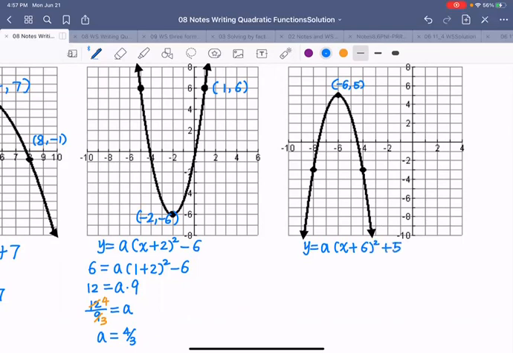Now let's look for another point. Here, (-4, -3). y equals -3, correct? Yeah. Equals a, go ahead, (-4 plus 6) squared plus 5.